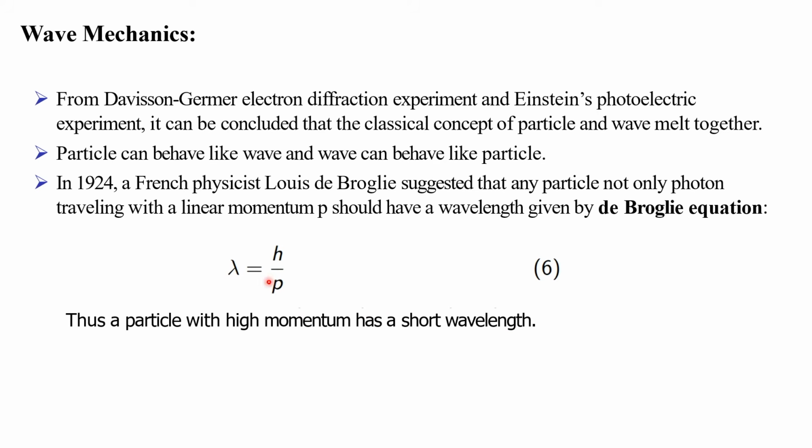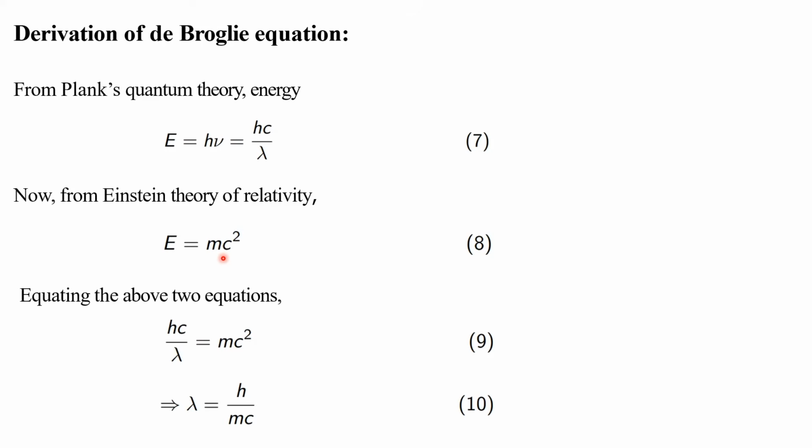Since p is in the denominator, when the value of p is high, lambda is very small, or we get a very short wavelength. So this is the derivation of de Broglie's equation. From Planck's quantum theory of energy, we know E is h nu, or if we substitute nu by c by lambda, we get hc by lambda, and from Einstein's theory of relativity, we get E is mc square.